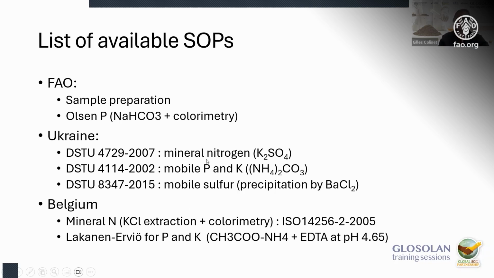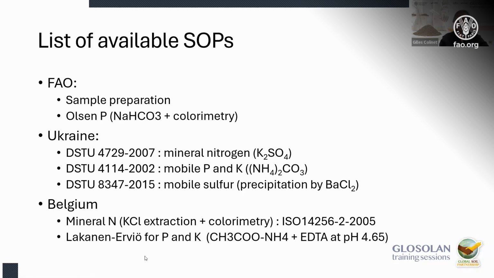There is also one procedure for mobile P and K. In Ukraine they use the same extractant for mobile P and K, which is ammonium carbonate. There is also another one for mobile sulfur, with the precipitation of the sulfate by barium chloride.